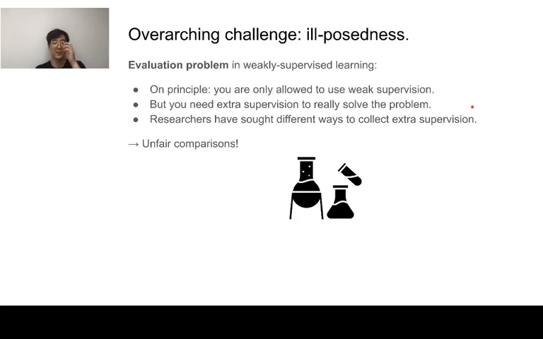And also because of the ill-posedness, there are evaluation problems for weak supervision. In principle, you should not use anything other than weak supervision, but the problem is not solvable with only weak supervision. Researchers have addressed this dilemma in different ways. They have found different ways to collect extra supervision. And this is a problem because then methods are not comparable anymore.